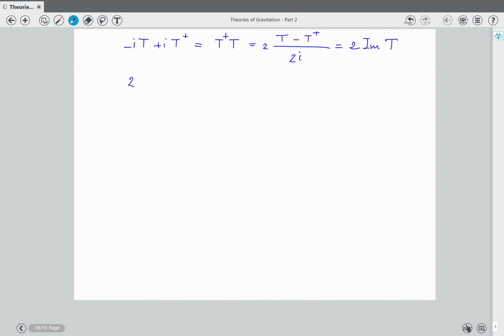So twice the imaginary part of T is T dagger T, which is non-negative. And this is the optical theorem.